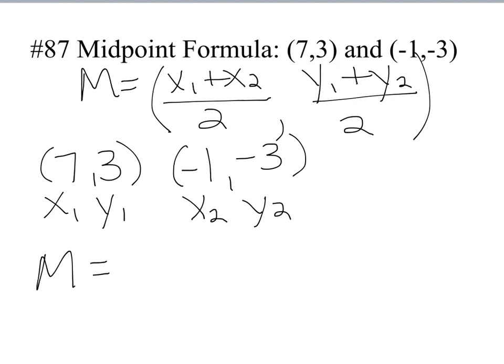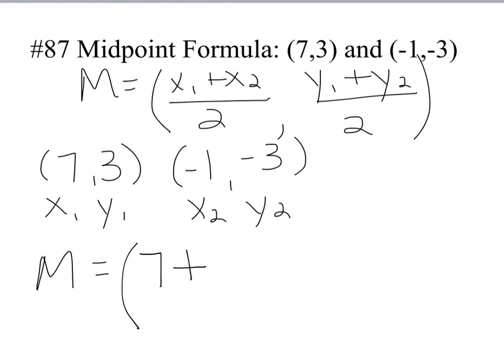When I go to plug into my formula, the first thing I want is x1. x1 is right here. So I'm going to say 7 plus, then I want x2. x2 is right here. So plus negative 1 over 2.